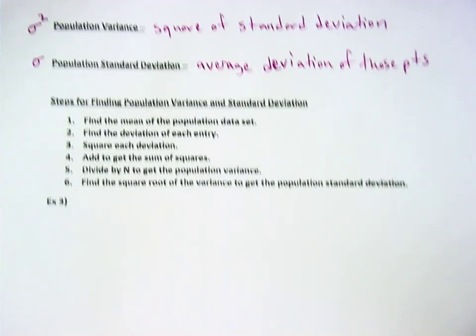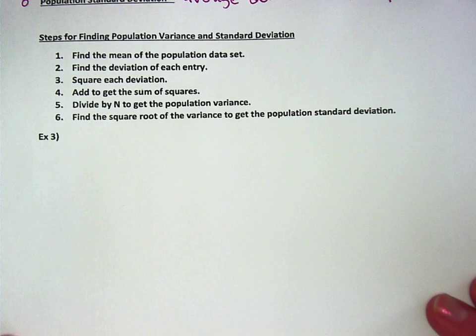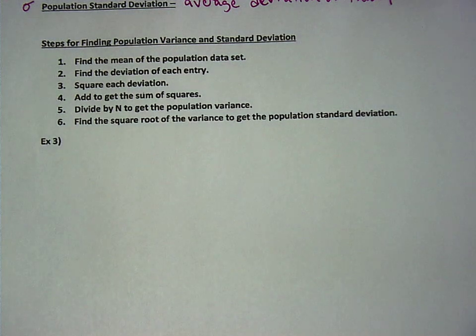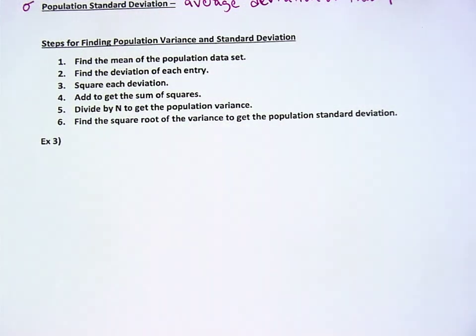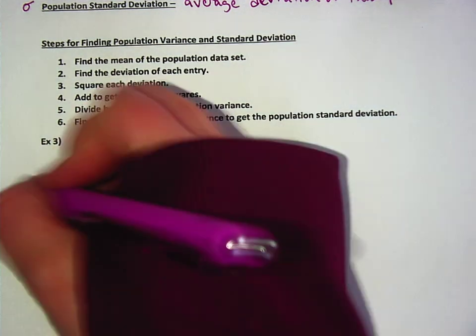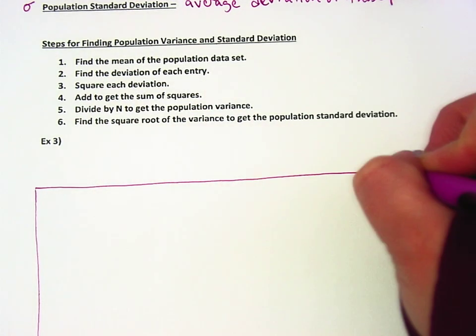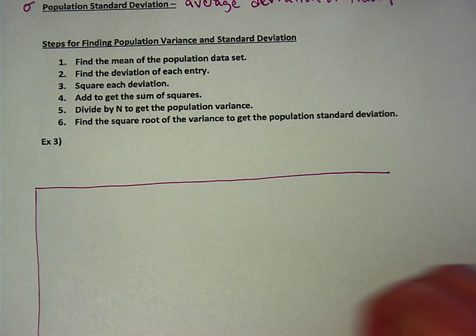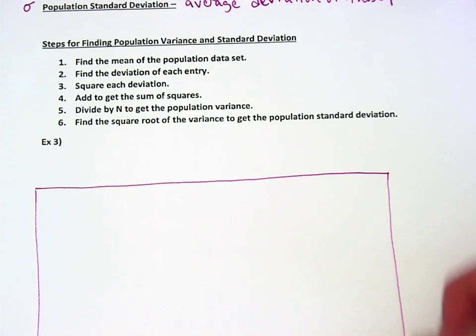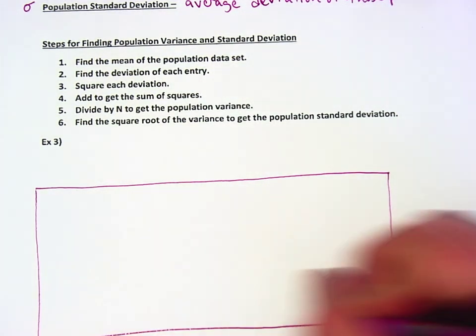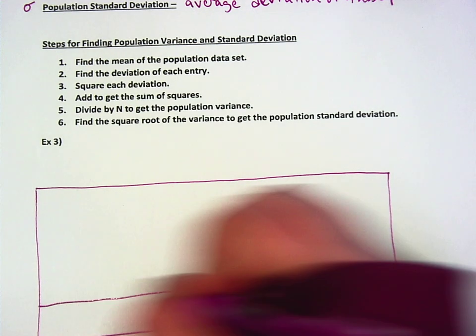To find a population variance and standard deviation, your calculator can do this for you, and I will show you how to do that at a later time. Right now, we are really quickly going to talk about how to find population standard deviation. Let's do just 5 data points.